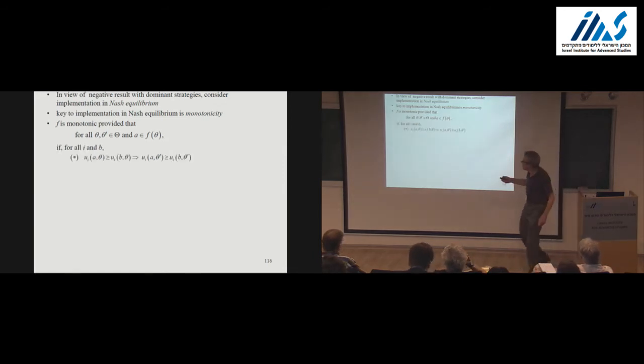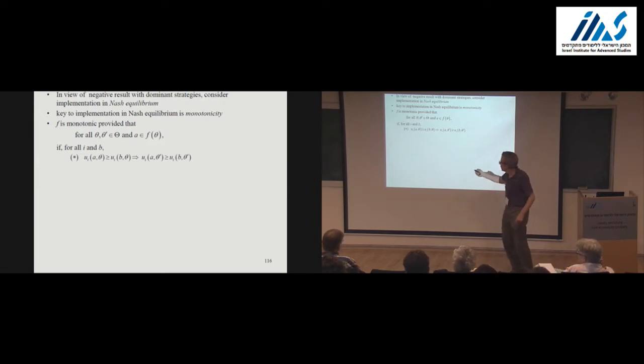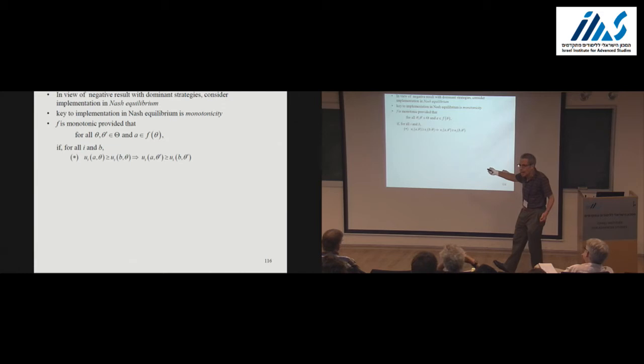And suppose that we now change the states, we change the preferences, in such a way that outcome A does not fall in anybody's preferences vis-a-vis any other outcome B. So in other words, if A was above B in the original state theta, it remains above B in the new state theta prime.